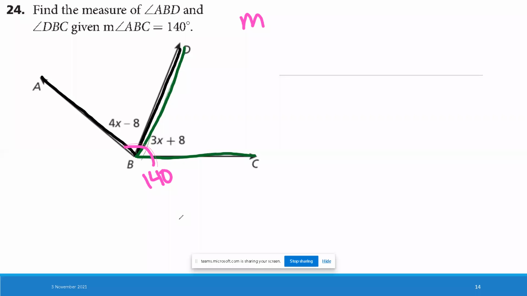First, yes, please. Bravo. So first, you have to add, since if they are adjacent, the summation of the two angles will equal the greater one. So 4x minus 8 plus 3x plus 8 equals 140.